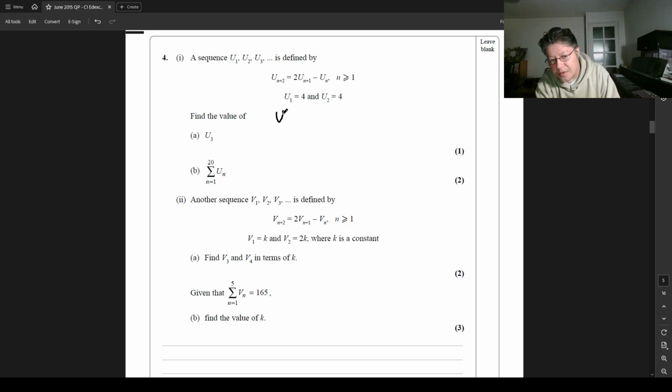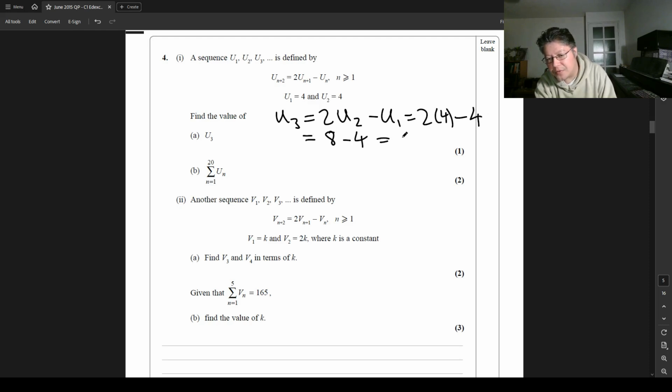So u3, according to this, should be twice u2 there, and then this is u1, so then minus u1. And let's do it over here. So that's twice u2, which is a 4, minus u1, which is also a 4. So this gives us 8 minus 4. It's 8 minus 4, and that equals 4.